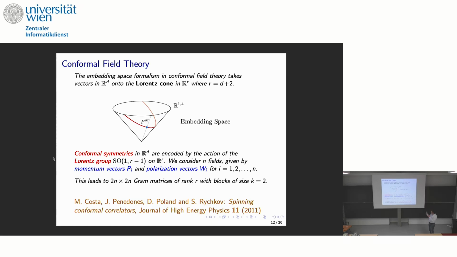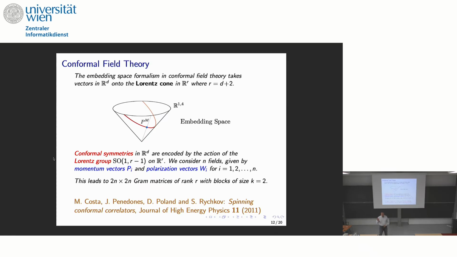Now the assumptions, that these multiply to 0 for fixed i, lead to a 2n by 2n Gram matrix of rank r, and this has zero blocks of size k equals 2. So that's where our matrices come from. The reason we looked at these matrices with 2 by 2 zero blocks is because the Gram matrices here have this shape. And then we said, well, what can we say about them?